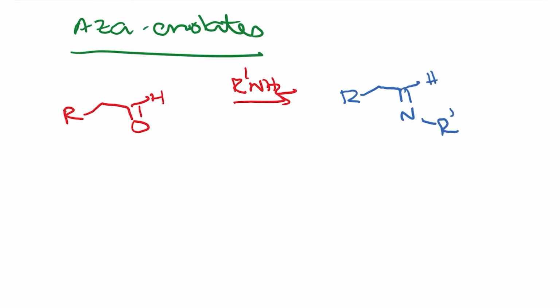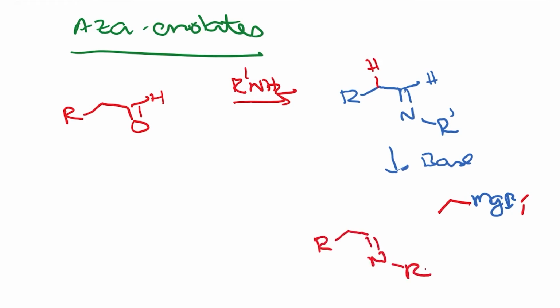And now to this, you add a strong base. For example, you can add LDA, or butyl lithium, or Grignard reagents, and any of these are going to pick up this proton.